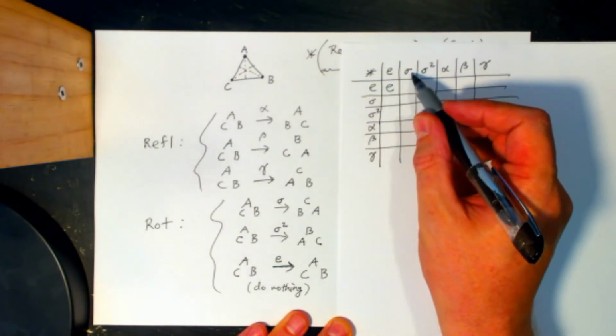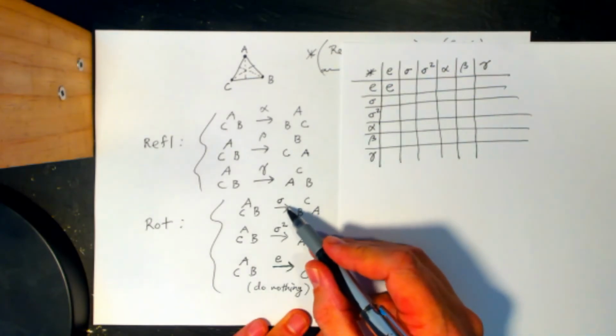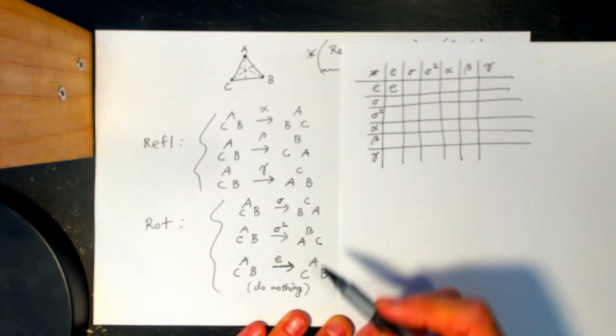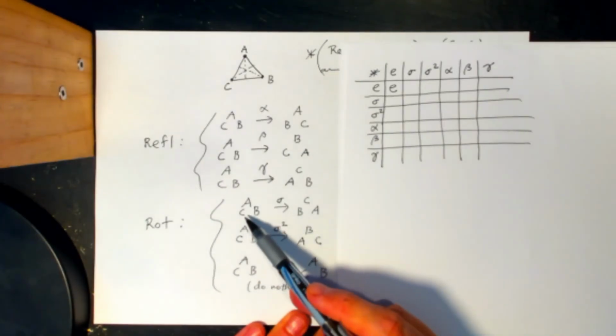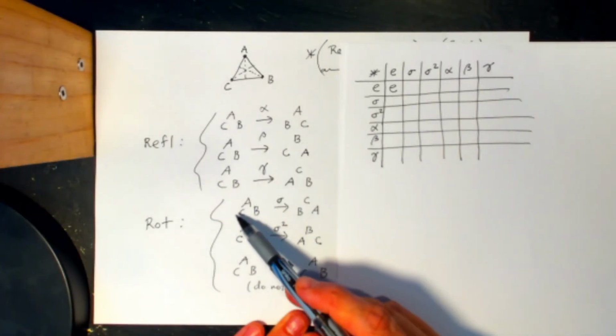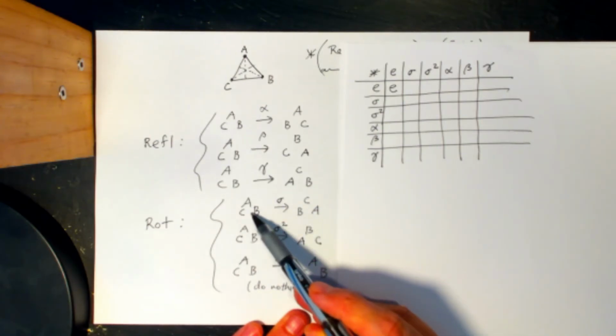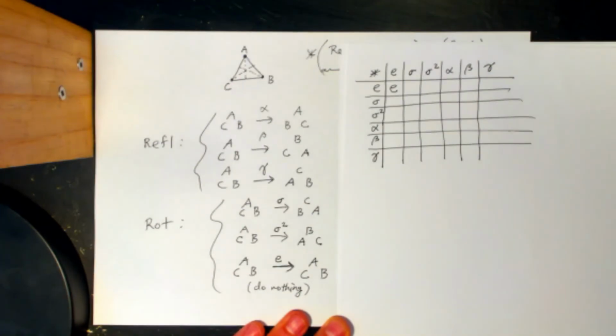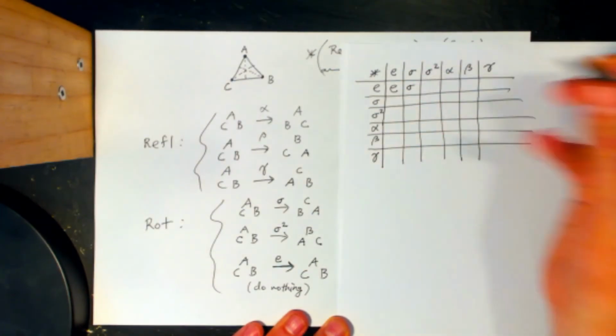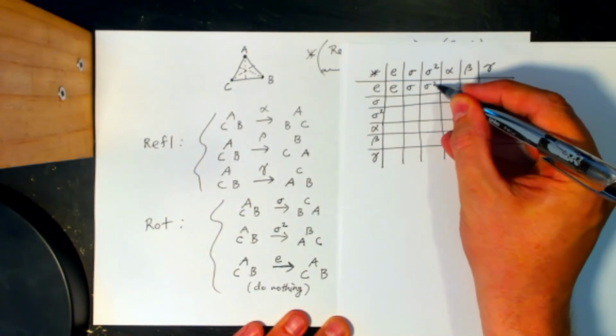E combined with a rotation 1 time is just that rotation 1 time. So if I do a rotation all the way around and then a rotation by 1, it's the same as if I had rotated it by 1. So that gives me this, likewise sigma squared.